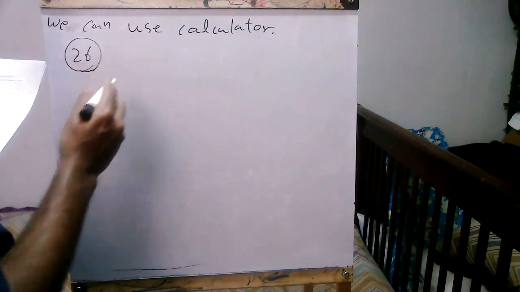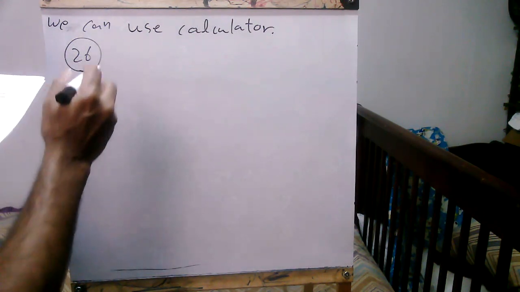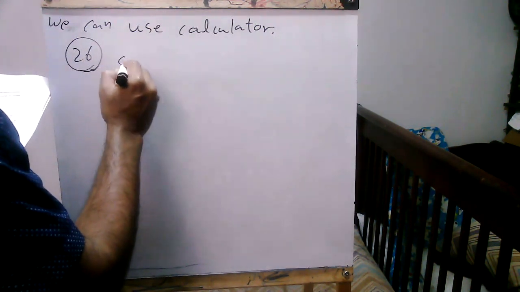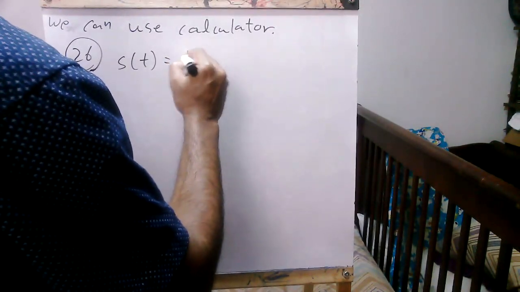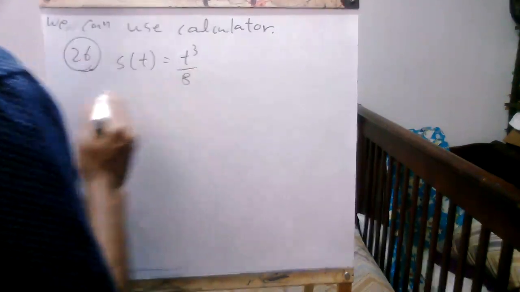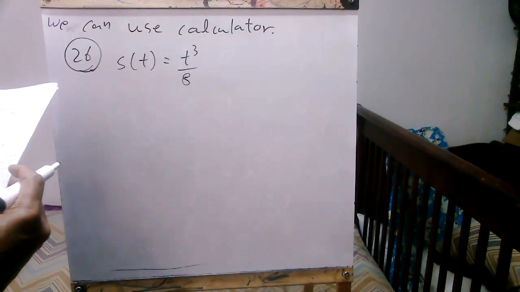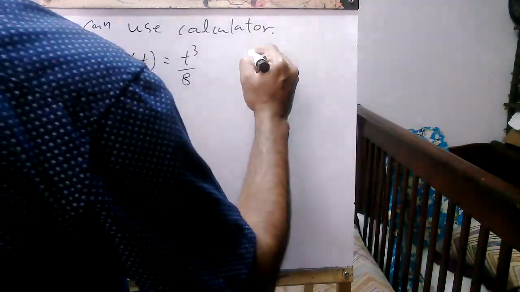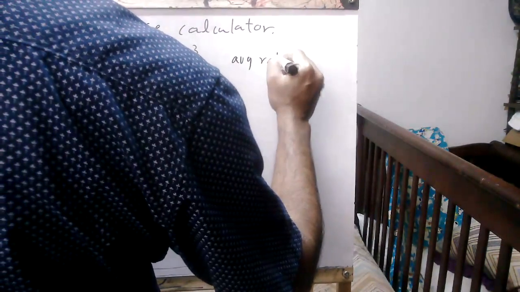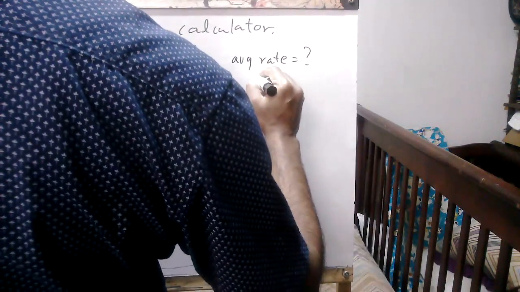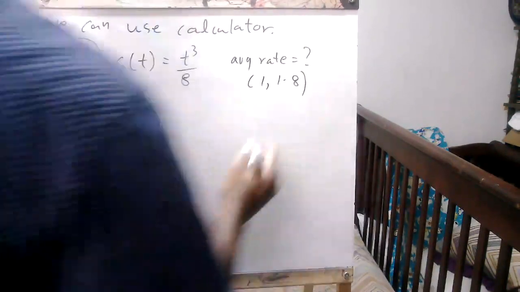Right. 26. If s is a function of t such that s(t) equals t cubed over 8, find the average rate of change for s over the interval 1, 1.8.